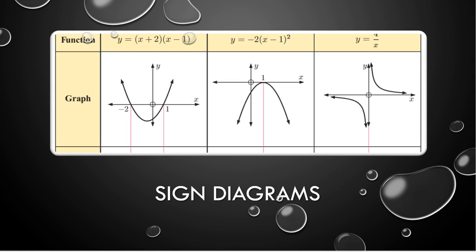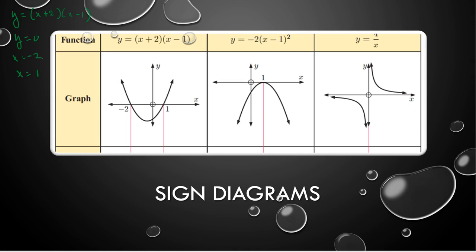So for example, we have this. The first one here, y is equal to (x + 2)(x - 1). You can see that y is equal to 0 when x is equal to negative 2, or x is equal to 1, because 1 minus 1 is 0, and negative 2 plus 2 is 0.